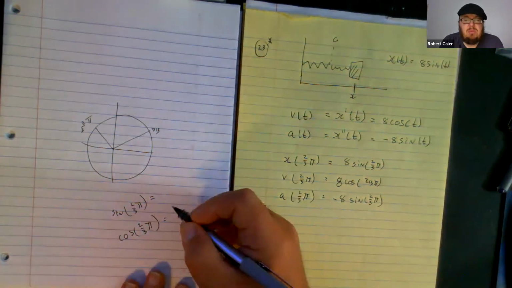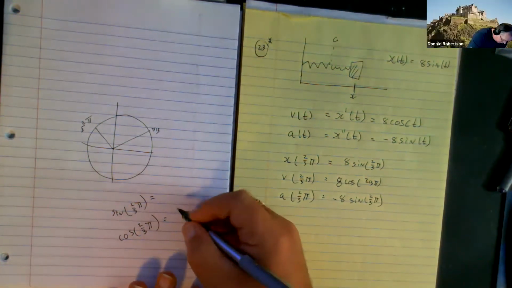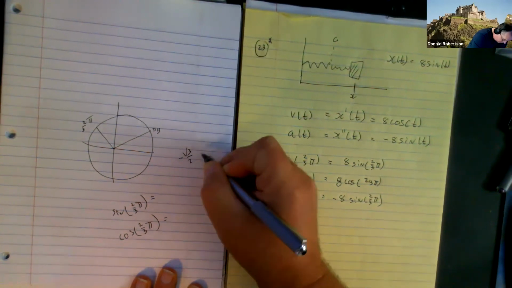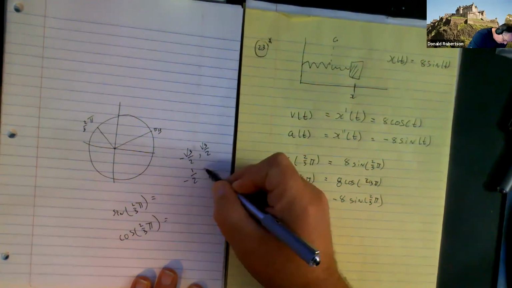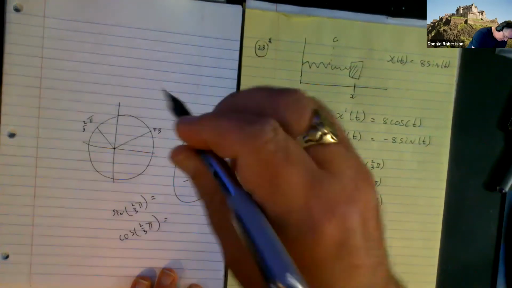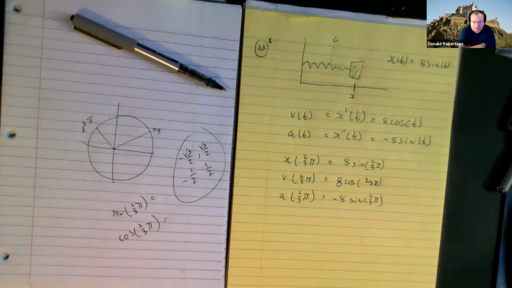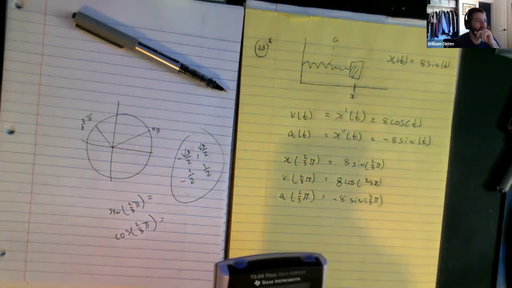No. Negative √3/2, √3/2, negative 1/2, or positive 1/2. Aren't those the 4 choices that you kind of have to play with for 2/3 pi, 1/3 pi, 1/6 pi, 7/6 pi, and all the other guys? Isn't that really the numbers you get? The only ones that you don't need to worry about here are pi upon 4s, because they get you √2/2.